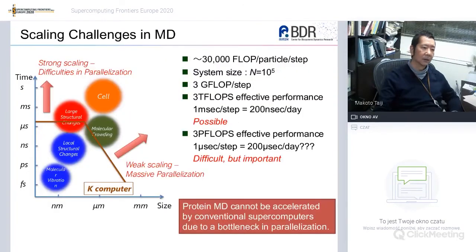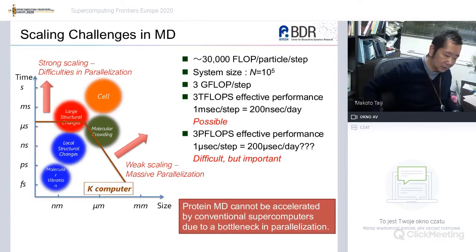But there are some scheduling challenges. Molecular dynamics simulation is, of course, computationally costly, but rather low cost compared with other simulations like quantum chemical calculations. Typically, it costs about 30,000 flop per particle per step.